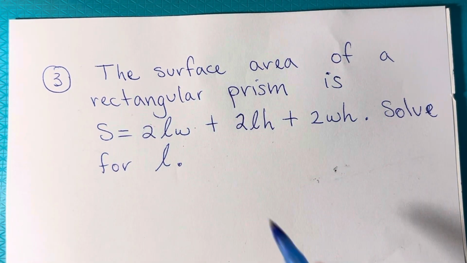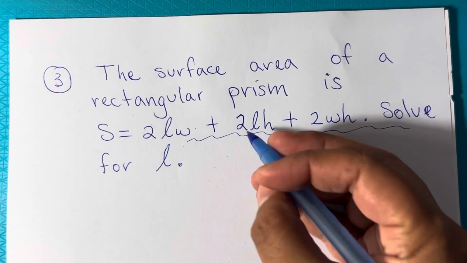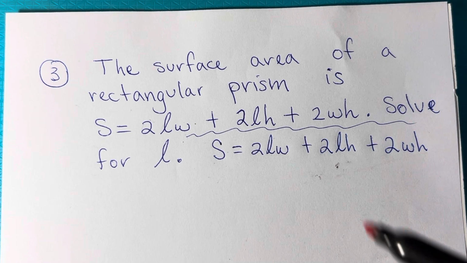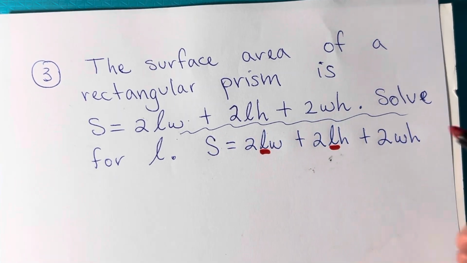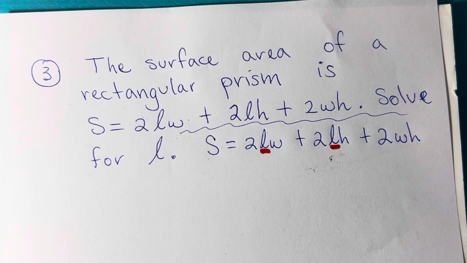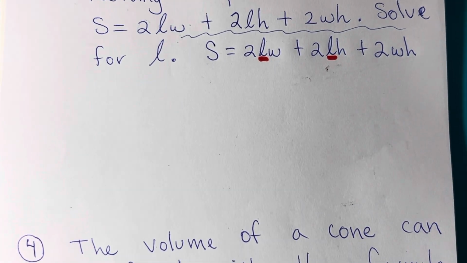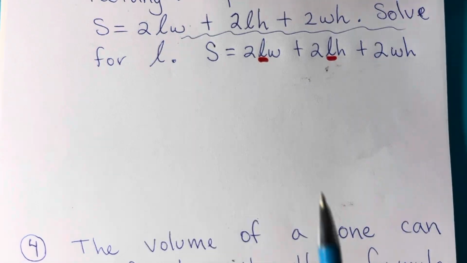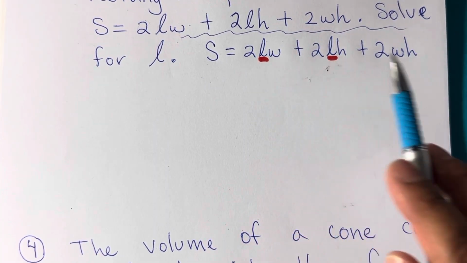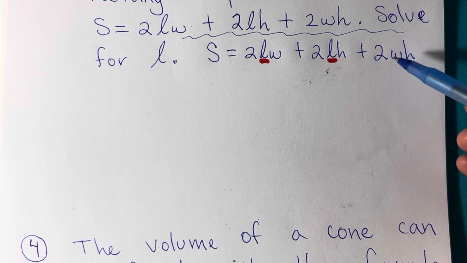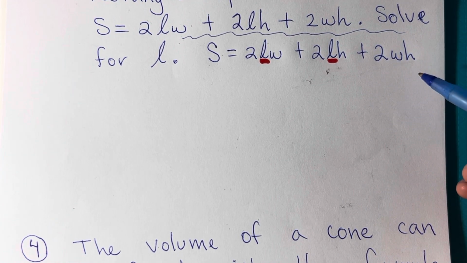Okay, so let me rewrite the formula right here. Now it says to solve for L, so the one that we are going to isolate is this one right here. However, you have it in 2 different terms, and that's when it gets a little tricky, but not impossible. So we cannot touch those 2 terms yet. What we need to cancel is the other term, which does not have a length.